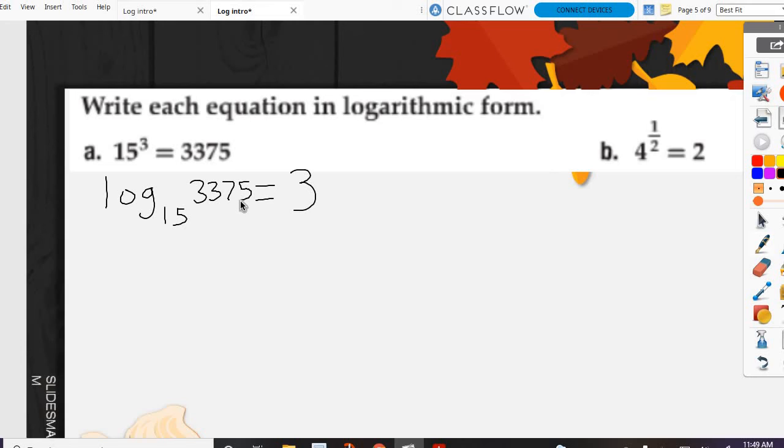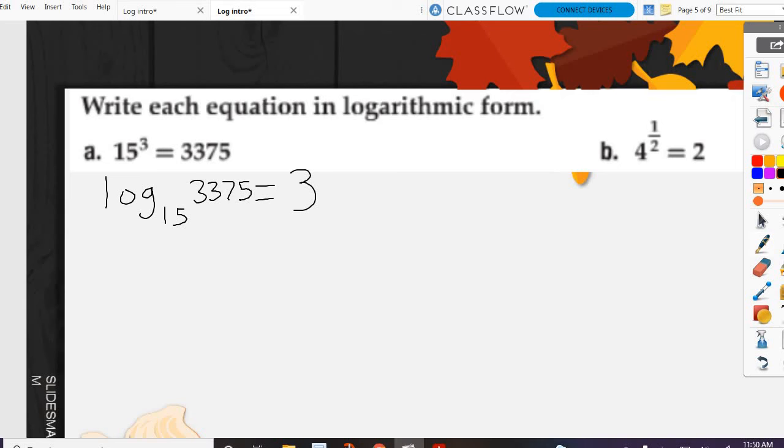Now, on our next one, what does the 1/2 mean? Just 1/2, not negative. Yep. A 1/2 or a 1/3 or a 1/4 turns it into a root.